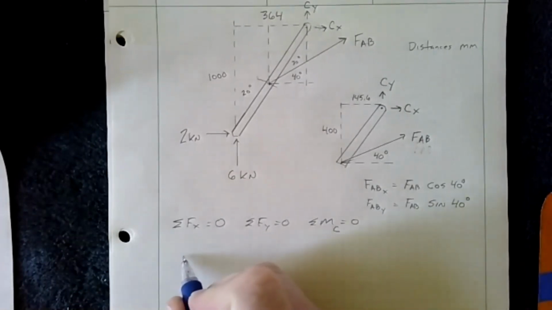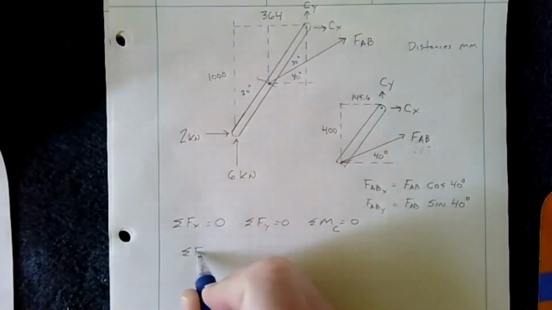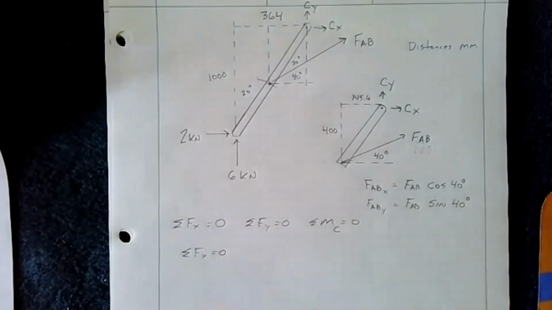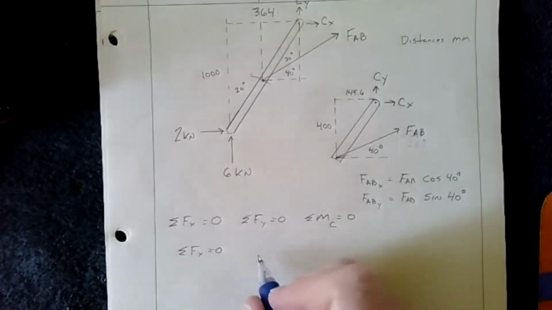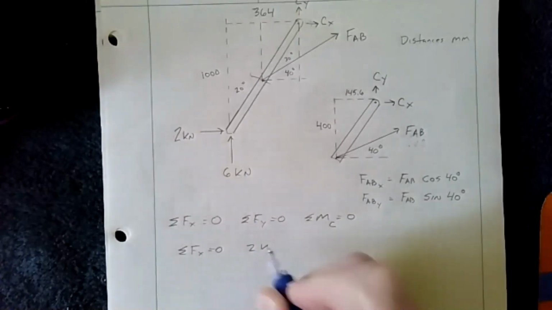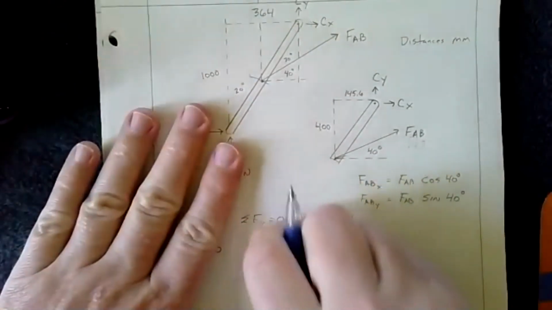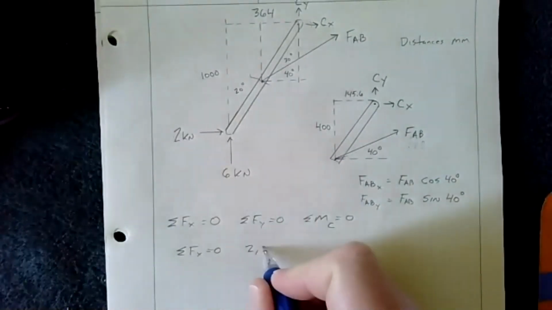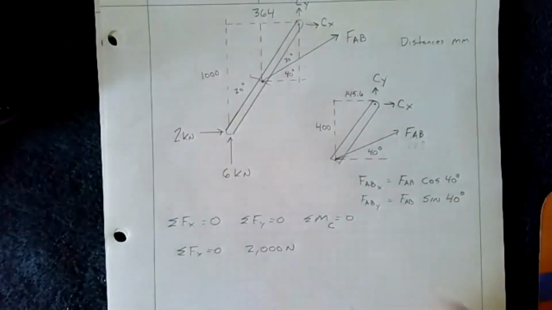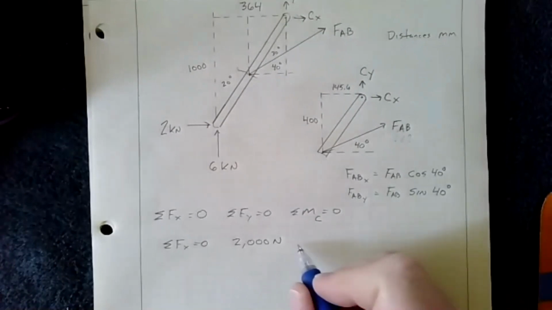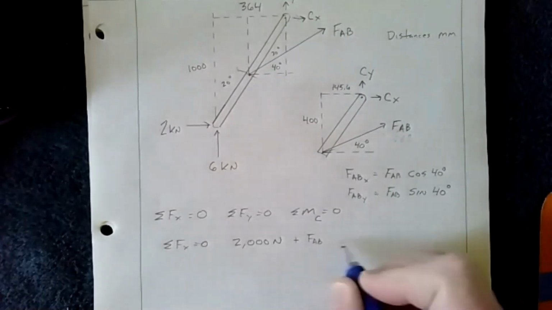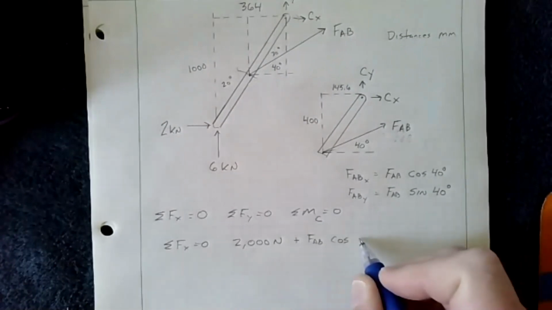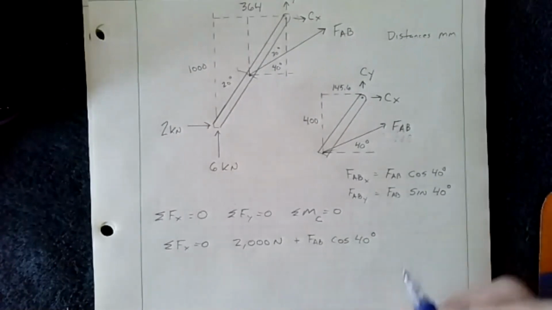So if I go ahead and I write out the sum of the forces in the X is 0. And if I write that out, I get 2 kilonewtons. Actually, I'm going to put it in 2,000 newtons. And then that's going to be plus FAB cosine of 40 degrees.